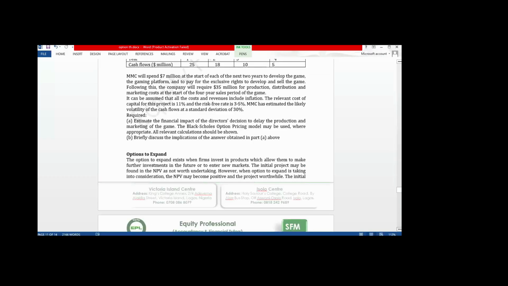Option to expand. Option to expand exists when a firm invests in capital projects or products which allow the firm to make additional investment in the future, or the project allows the company to enter into new products or new markets.